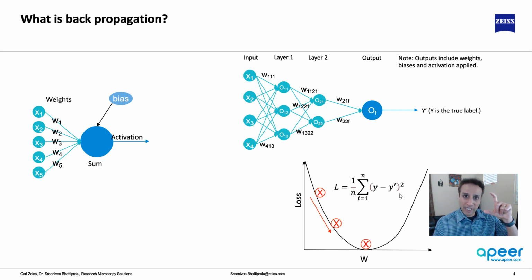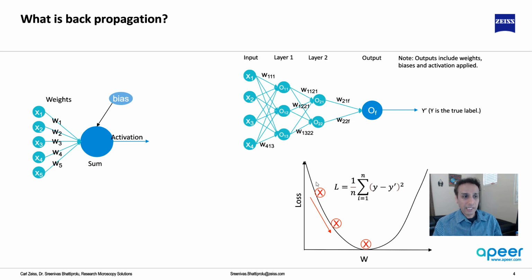This is the deviation from our truth, whole squared. Why are we squaring it? Because it could be on the negative side or positive side. The sign doesn't matter. We just look at the square of it, the magnitude of this error. Then we average, 1 over n, because we may have n data points. This is our loss function.